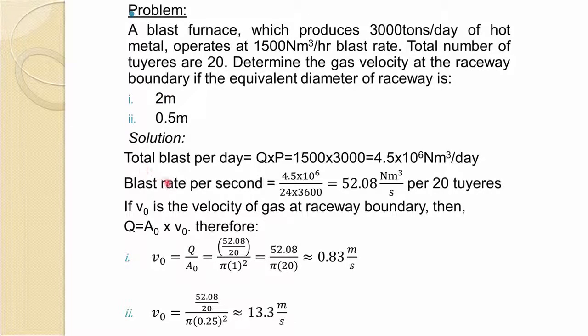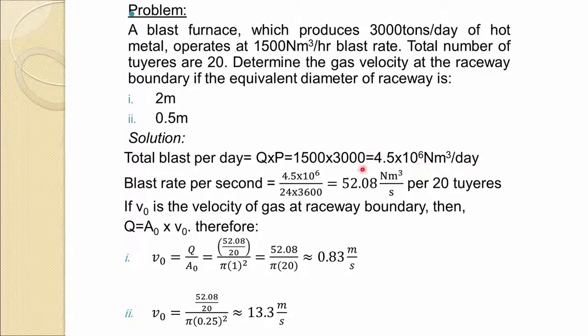So, in the solution, the total blast per day would be, we know, 3000 ton is the per day productivity, and blast rate is 1500. So, multiplying these two will give you the normal meter cube per day.